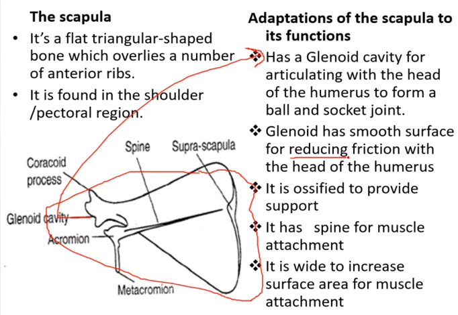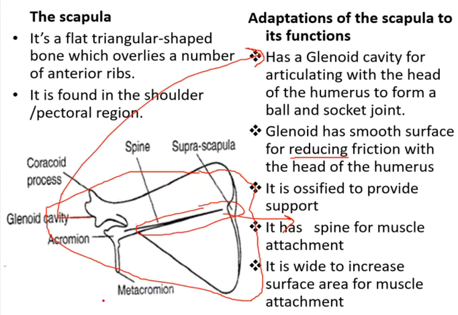Then the scapula has a spine for muscle attachment. We can see here the spine, which is for muscle attachment. Then it is wide to increase surface area for muscle attachment. In other terms, you can say broad and flat to increase surface area for muscle attachment.